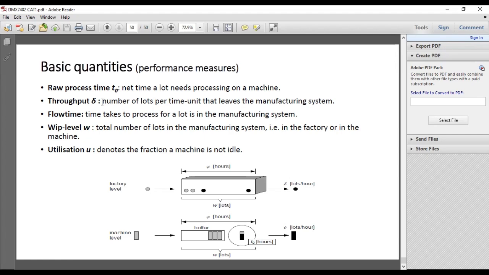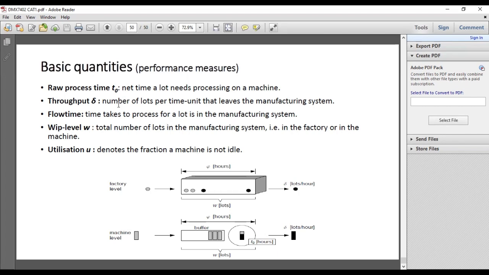Throughput is the number of lots per time unit that leaves. Throughput is the output, how many lots per hour. Flow time is how long it takes to process.